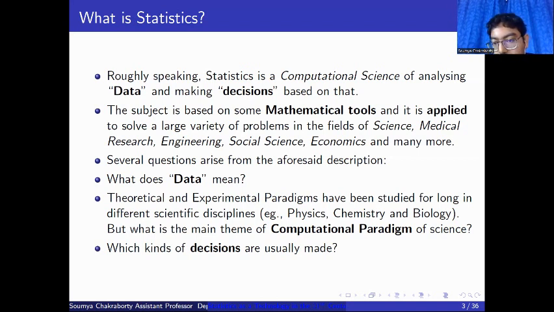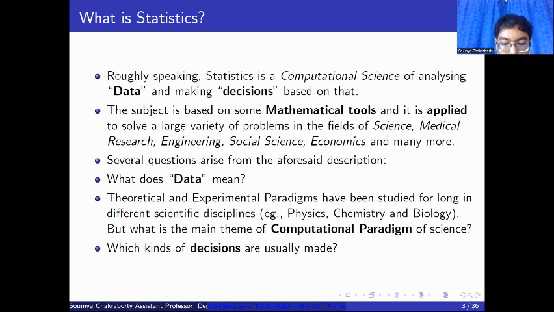But for at least the last 30 years, there is another paradigm of basic science which is called the computational paradigm of science. And statistics is one of the representatives of that paradigm of science. So what is the computational paradigm? That is another question.